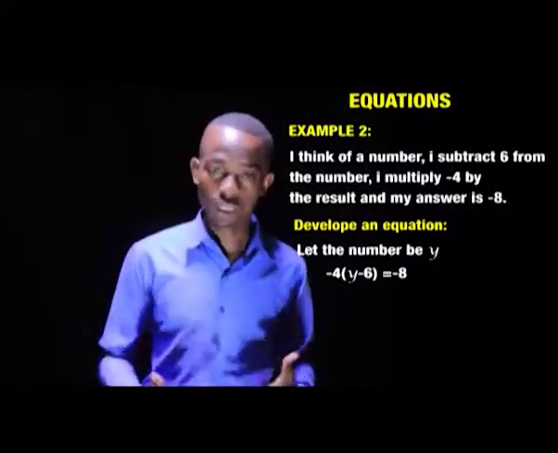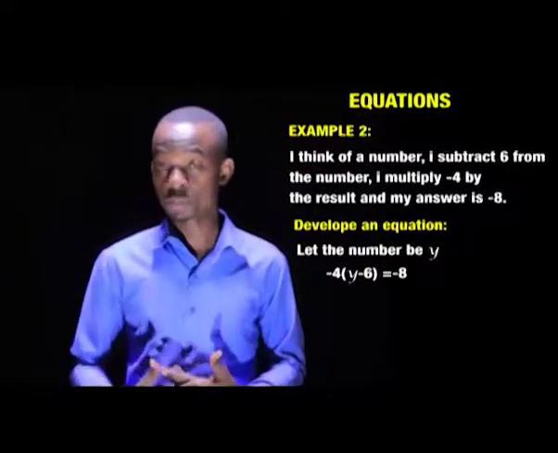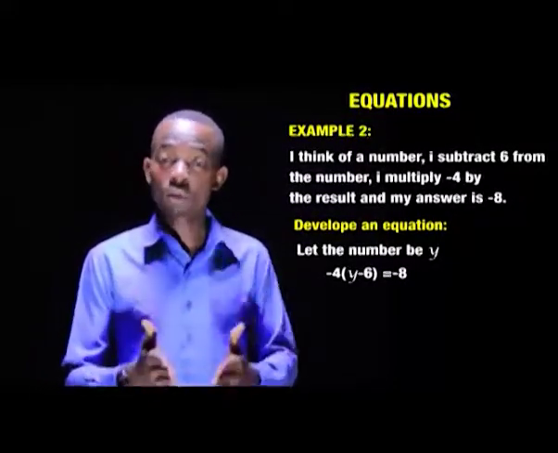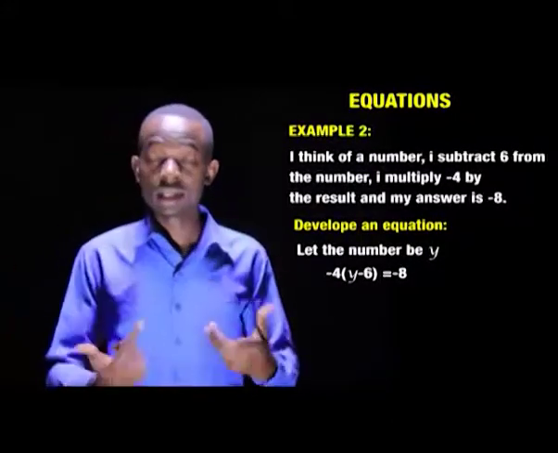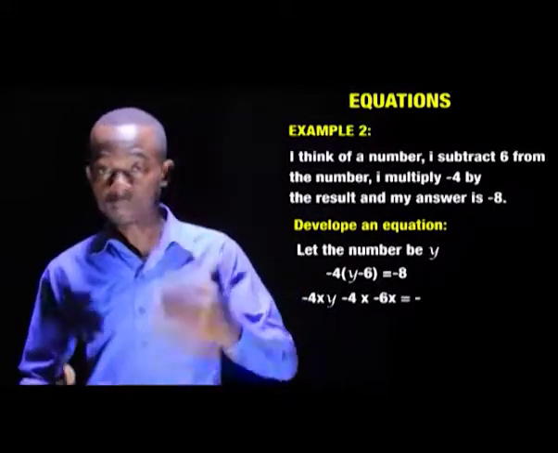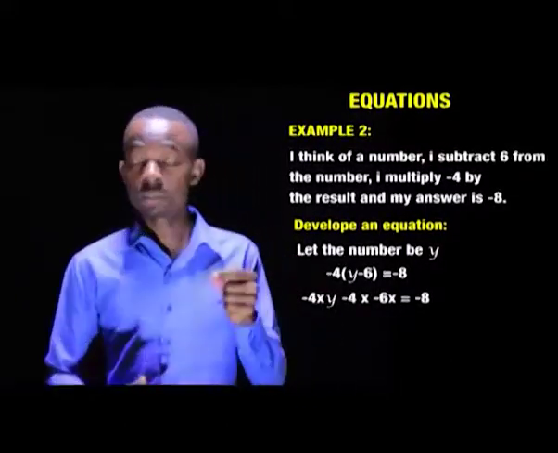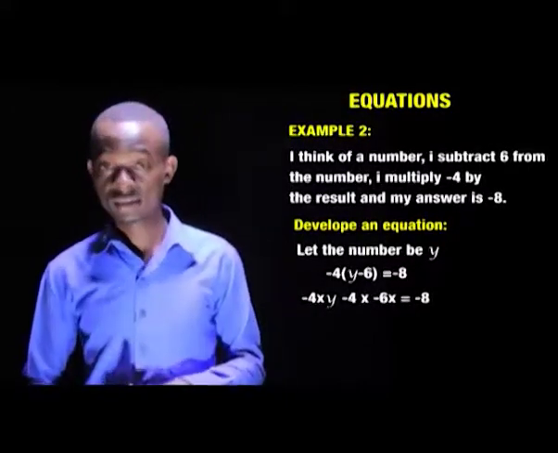So number one, what do I do? Like we did in the previous example, you start by expanding this expression. Remember that the number which is outside the bracket multiplies every number within the bracket. So I'm going to multiply negative 4 by y, and I'm also going to multiply negative 4 by negative 6.